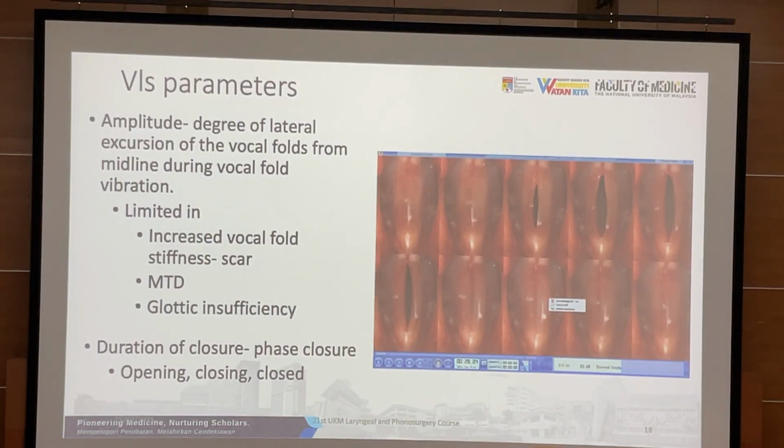Amplitude, I have mentioned just now, is the excursion of the mucosal wave, and it will be reduced in patients who have stiffness of the vocal fold, maybe due to scar, maybe due to muscle tension dysphonia. Dr. Nadira mentioned muscle tension dysphonia. Whenever the false vocal fold presses on the true vocal fold, that will affect the propagation of the mucosal wave from the midline.